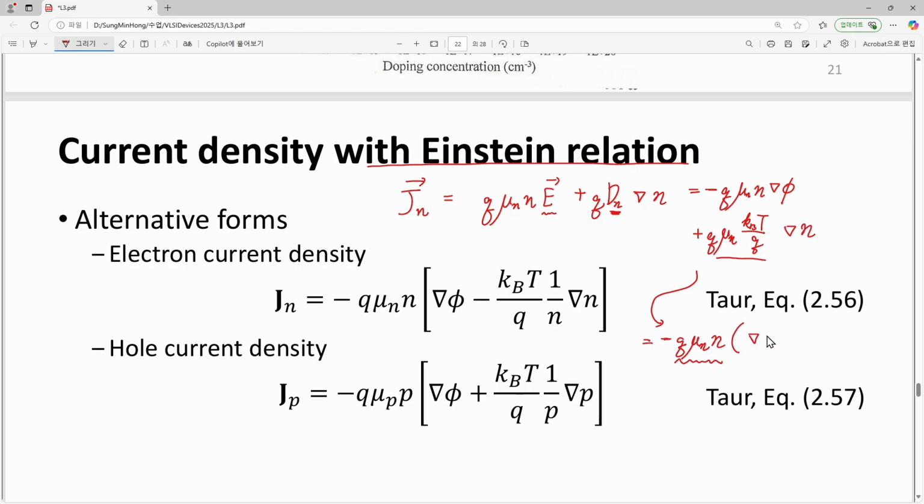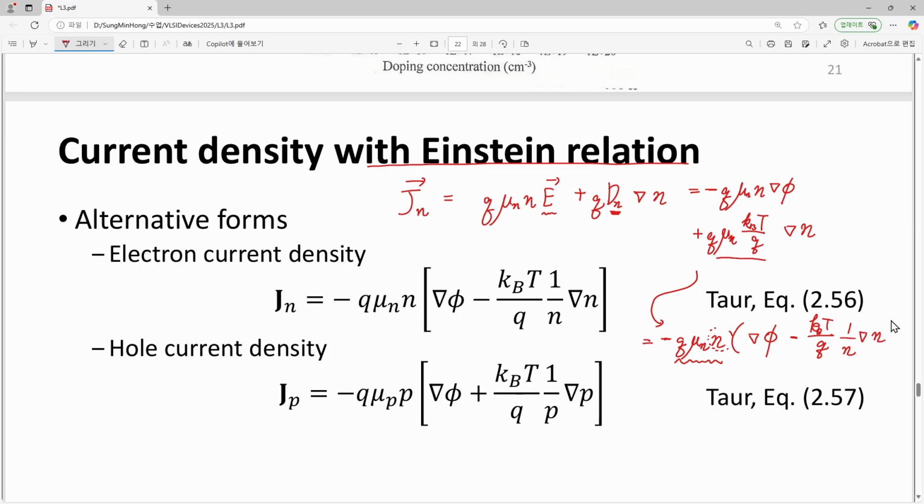After that, we have this form, minus k_B T over q. Although we have taken out this electron density, in this diffusion part we don't have the electron density, so we have to introduce another 1 over n here.